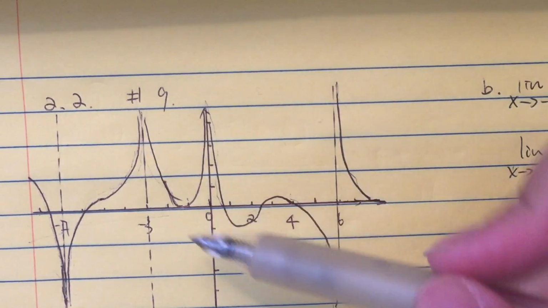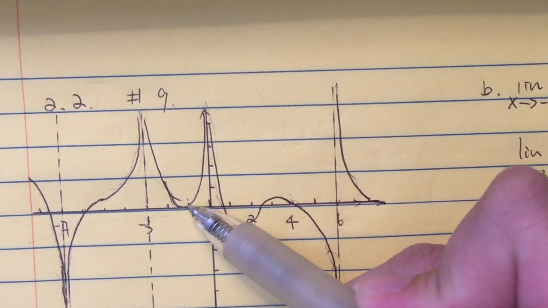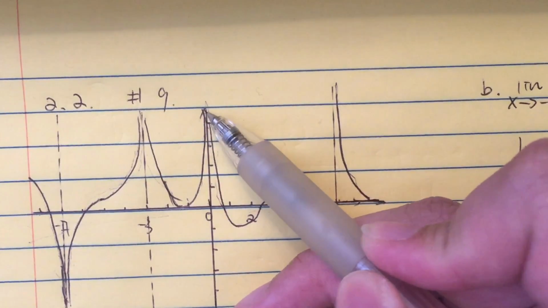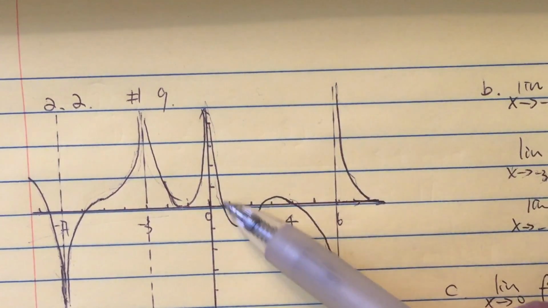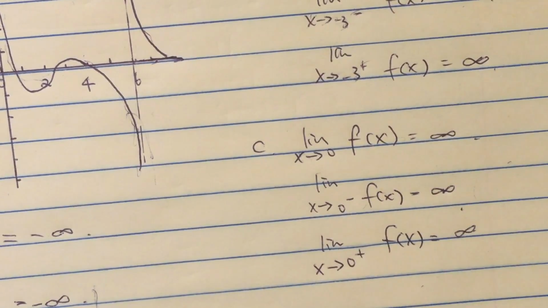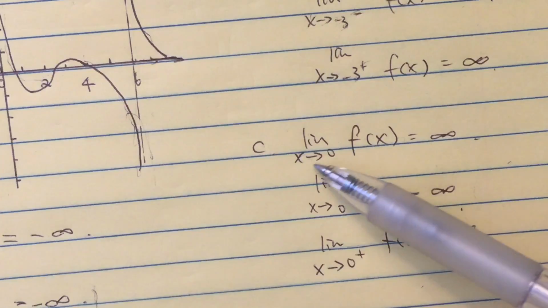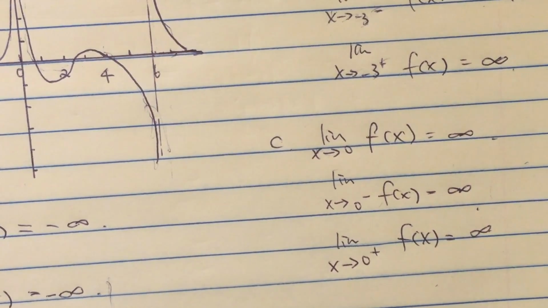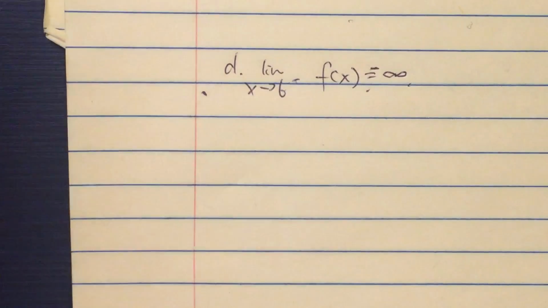As x approaches from the right side, we can tell the value goes to infinity. And from the left side, it goes to infinity too. That's what I wrote here. So we can tell the value of f(x) as x approaches 0 equals infinity.